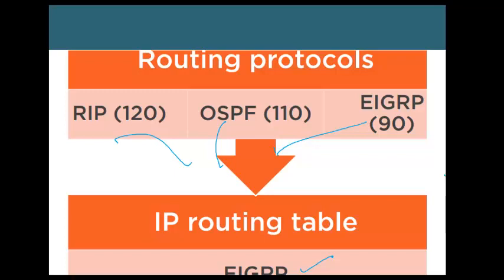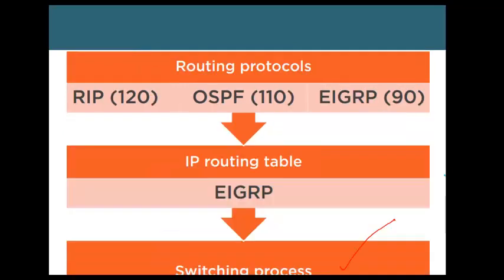Now the routing table shows the direction, the gateway, and if there are multiple gateways, because EIGRP might have given 2 paths, equal cost or unequal cost, which path to take among the 2 is decided not by the routing table, but by the switching process.